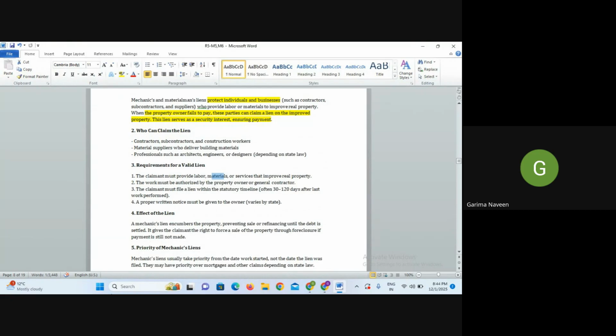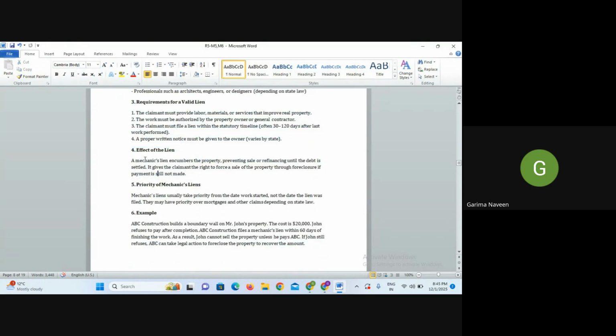The work must be authorized by the property owner or general contractor. The claimant must file a lien within the statutory time, often 30 to 120 days after the work is performed. A proper notice must be given to the owner. So these are some of the requirements for a valid lien.